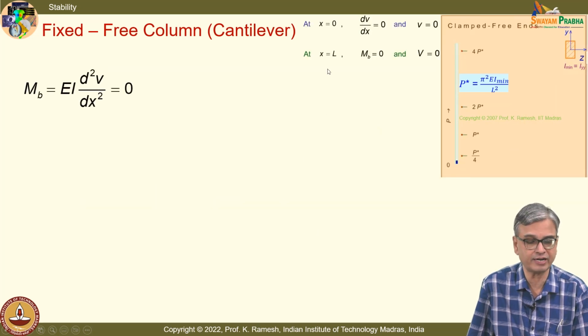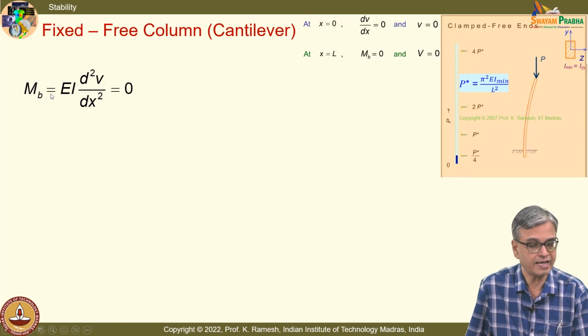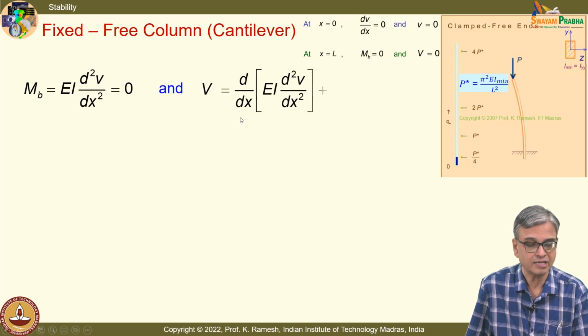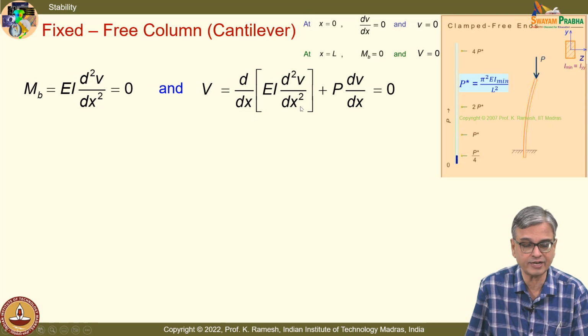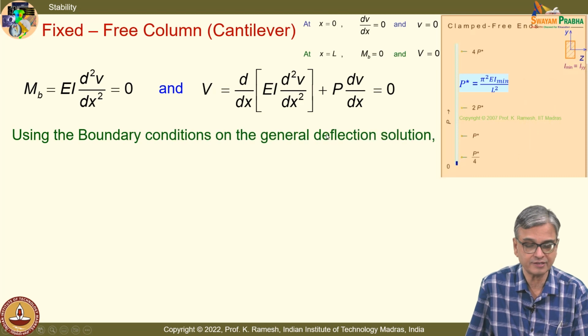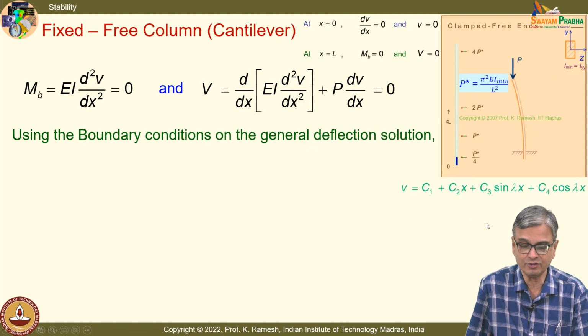I have the boundary conditions, and M_B equal to 0 tells me EI d squared V by dx squared equal to 0. I should construct that expression. Similarly, I should construct V equal to d by dx of EI d squared V by dx squared plus P dV by dx equal to 0. These two are straightforward. So, I can write the expressions by substituting those values. This is the governing solution.